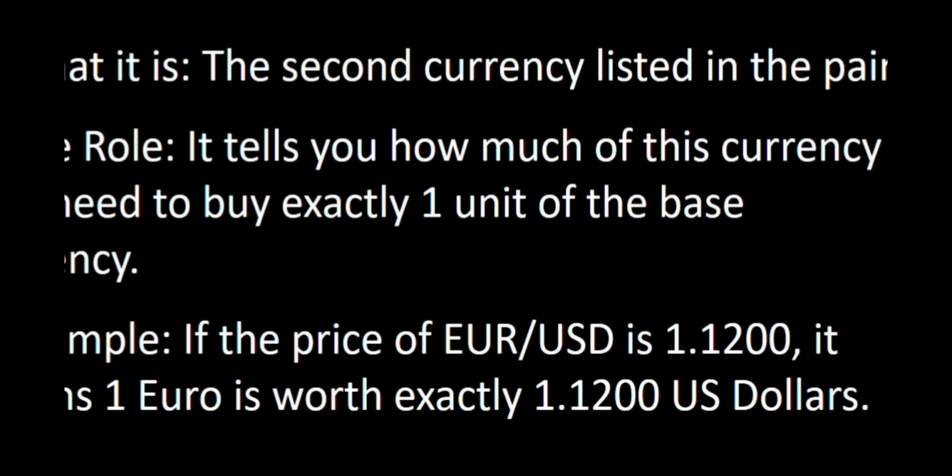So the quote currency, or counter currency, is the second currency listed in the pair. It tells you how much of this currency you need to buy exactly 1 unit of the base currency.